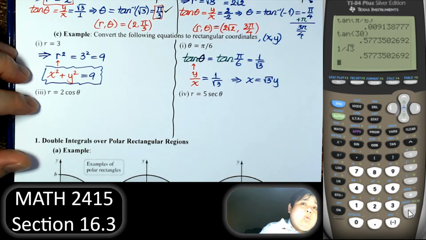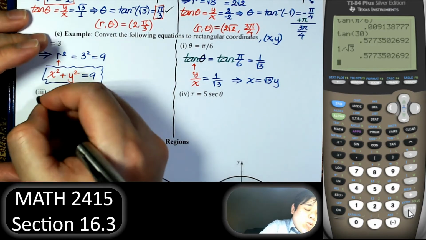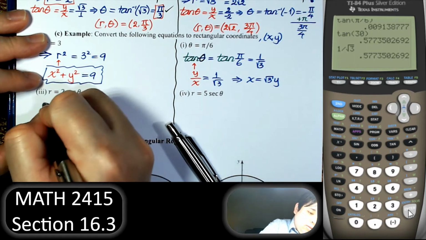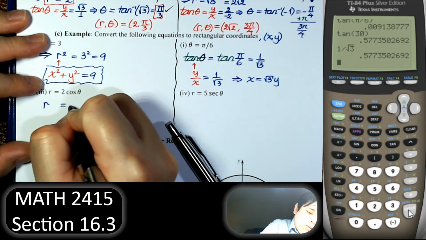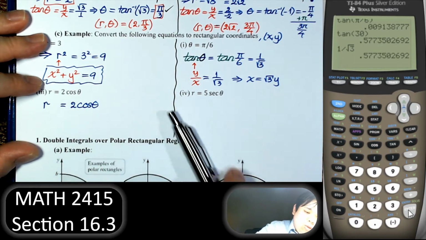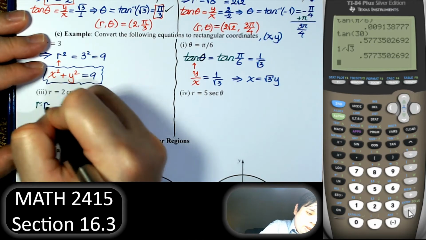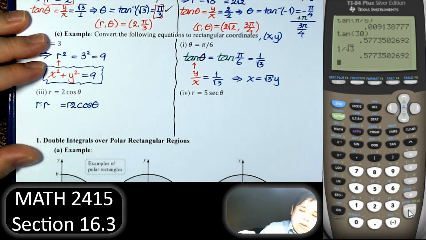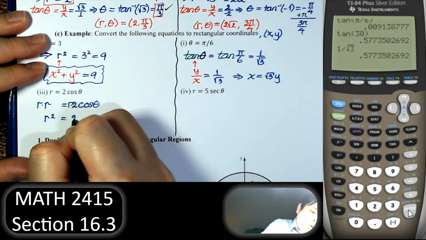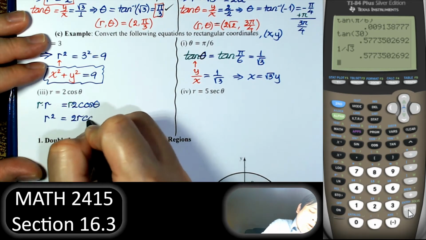Another way to get to r squared is either we square r or we multiply by r. So multiply r on both sides. So we have r squared equal to 2r cosine theta.